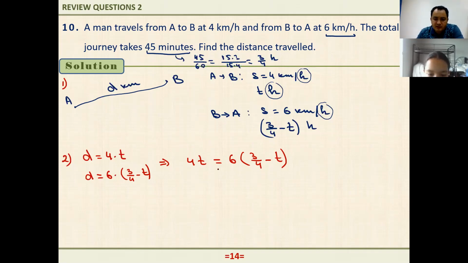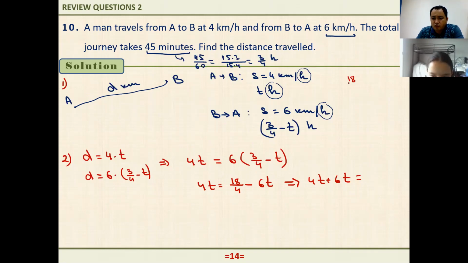The rest is easy. So now we have to solve this equation. 4T, remove the brackets, 6 times 3, it is 18 over 4 minus 6 times T, it is 6T. Now from here, take 6T to the left-hand side. 4T plus 6T is equal to, at the same time, also I can simplify this.